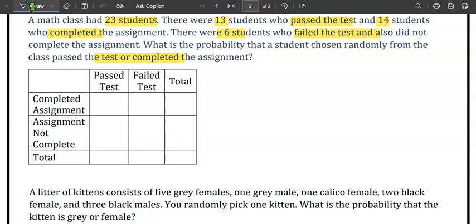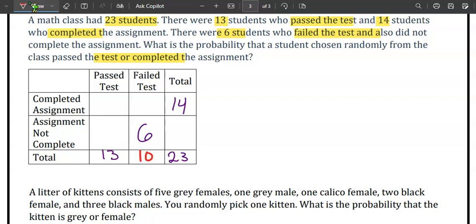Let's fill in what we know. There's 23 students altogether. 13 of them passed the test. 14 of them completed the assignment. 6 students failed the test and didn't complete the assignment. We'll use these to fill in the rest of the table.